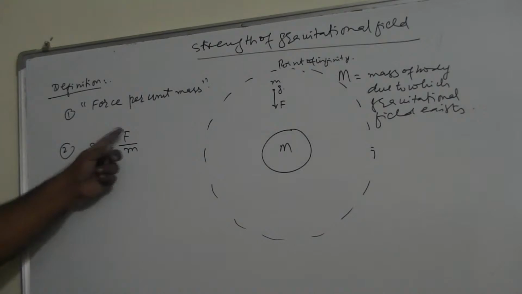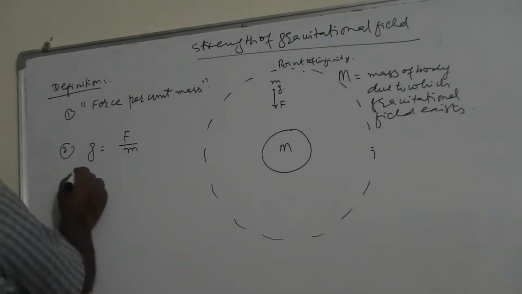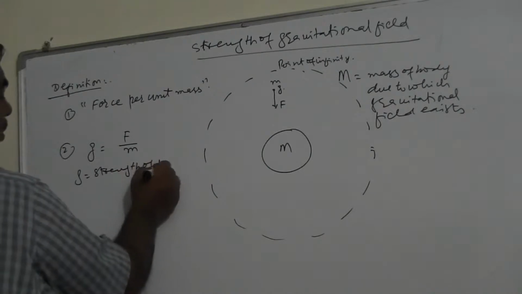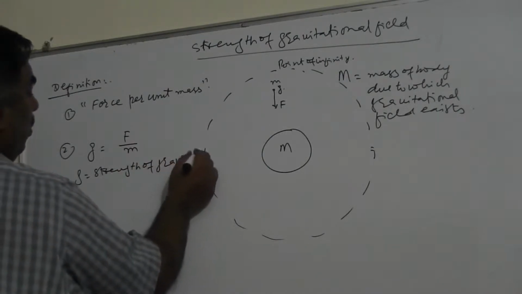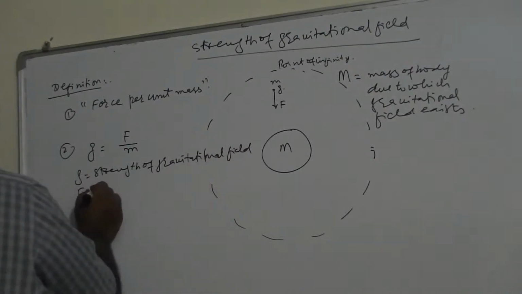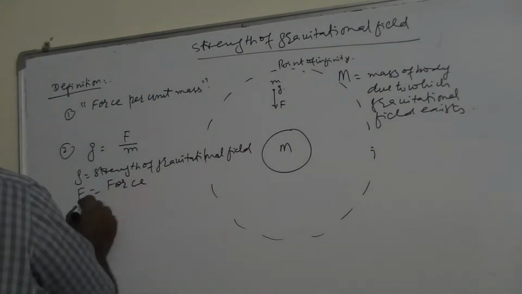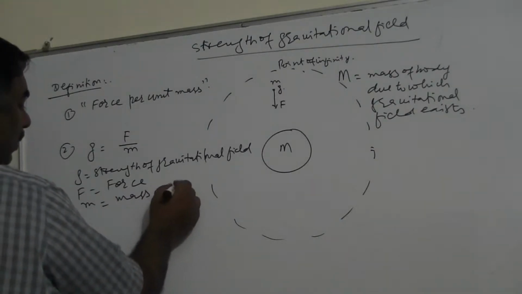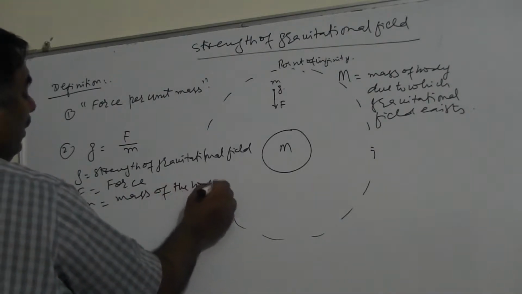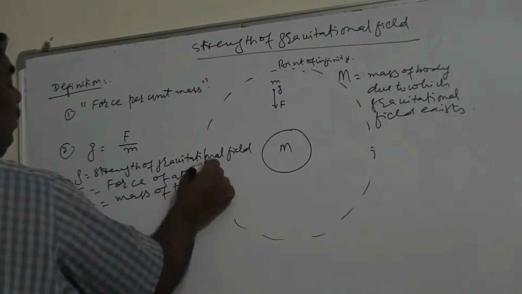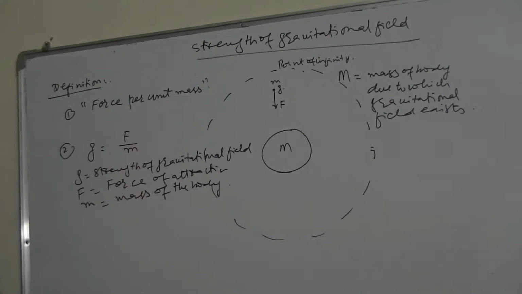We define g equal to F upon m and then explain: g is strength of gravitational field, F is force, m is the mass of the body placed in the gravitational field, and it's the force of attraction, you can further say. So this is the proper definition.